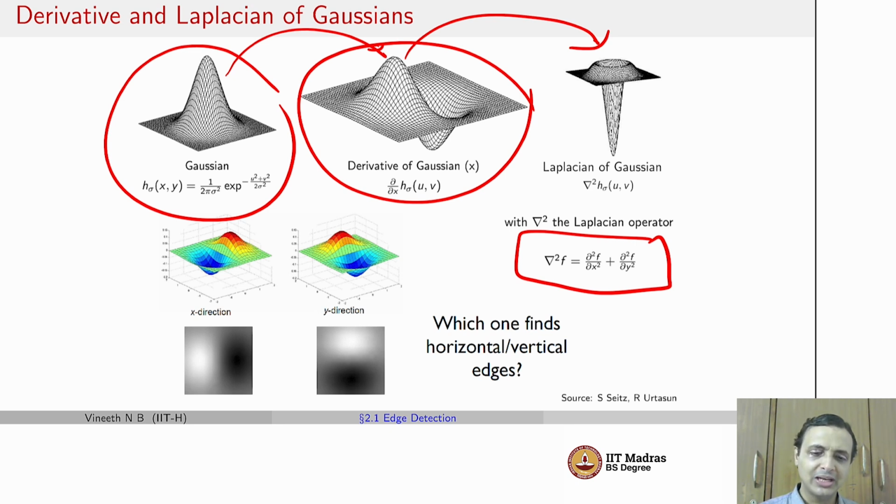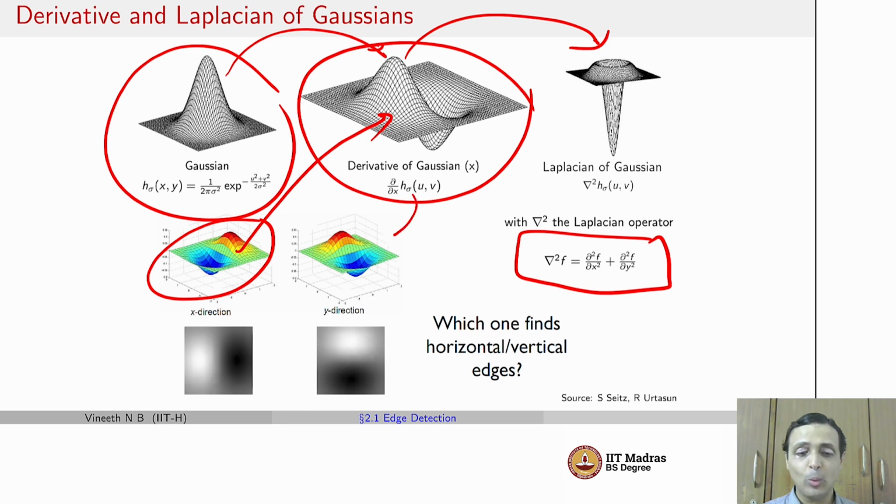So if you now took the derivative of the Gaussian, remember the derivative can be in two directions. You can have a derivative of the Gaussian along the x direction, and along the y direction. So the derivative of Gaussian along the x direction would look like this. I hope you can connect this surface to this surface. Red means high value, blue means low value. It's simply a surface map or a heat map. And the derivative of Gaussian along the y direction would look something like this.